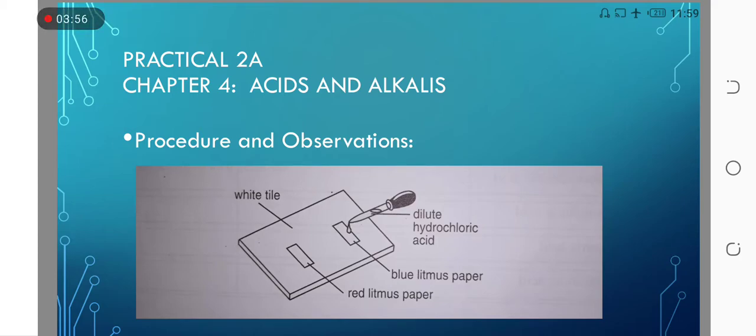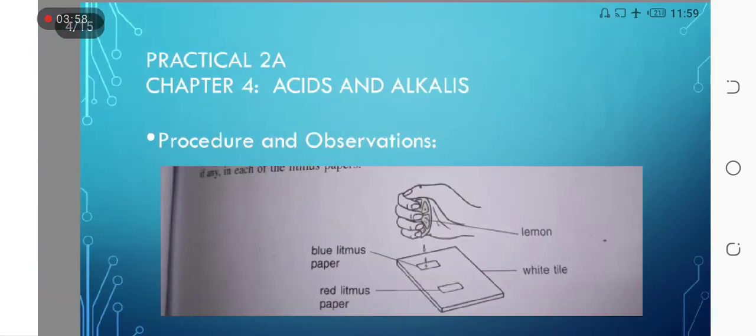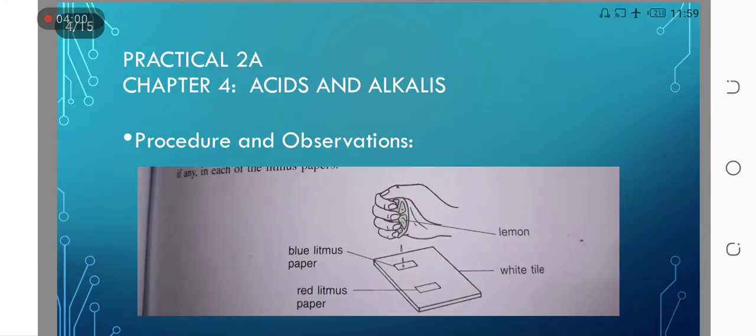Now after that we do an experiment using lemon juice. You place a piece of blue and a piece of red litmus paper on the white tile again, and squeeze some juice from a slice of lemon onto the 2 pieces of litmus paper, then observe and record the color change.